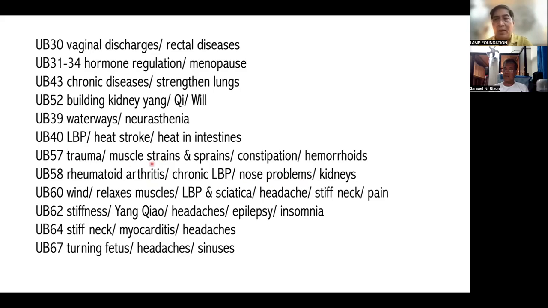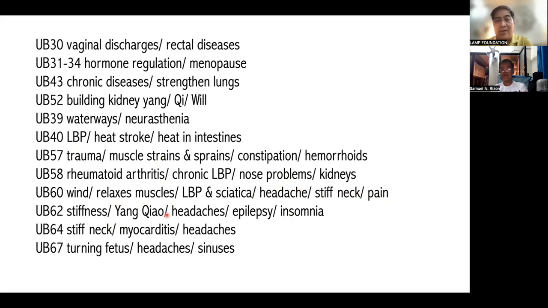Usually I combine bladder 40 and bladder 58. Bladder 60, wind, relaxes muscles. It's good for sciatica and low back pain, headache, stiff neck. Bladder 62, yang qiao. Okay, so I hope you will have the time to also study the other EOVs, extraordinary vessels, no? The yang qiao mai, yin qiao mai.